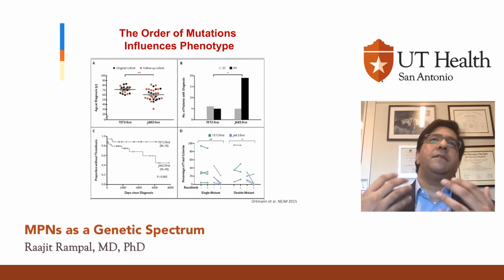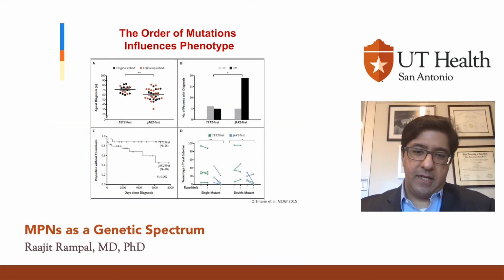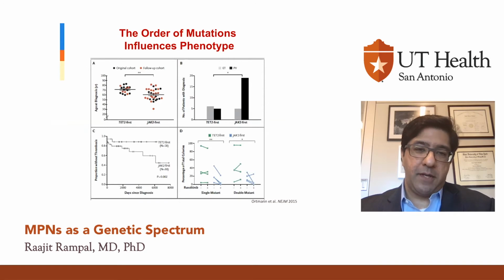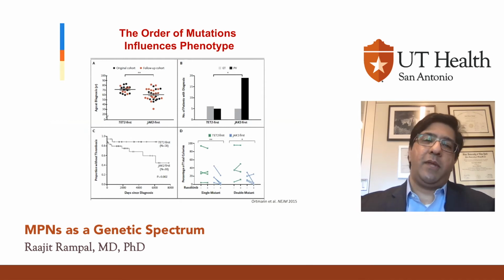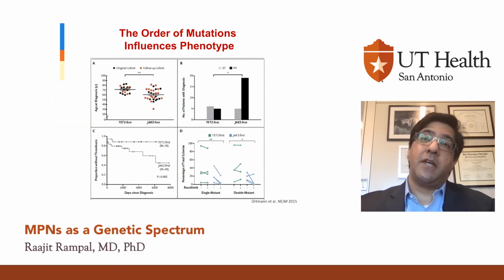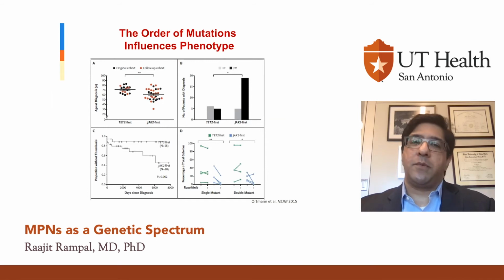Now, beyond the simple addition of mutations, the other argument is that the order of the mutations does actually make a difference. And, of course, one of the key questions has been, how do we explain patients having a JAK2 mutation and some of those patients having a polycythemia phenotype or others having an essential thrombocythemia phenotype? Part of the explanation appears to depend on what mutations occur in what order.